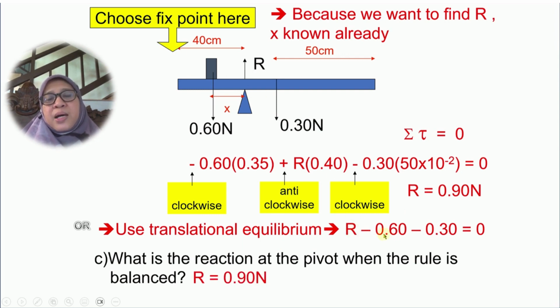So R minus 0.60 because the direction is downward, minus 0.30 because the direction is downward. Then the total will be 0 because the system is in equilibrium. We solve this and get the same answer, 0.90 Newton. So using translational equilibrium is easier, and the answer is the same.